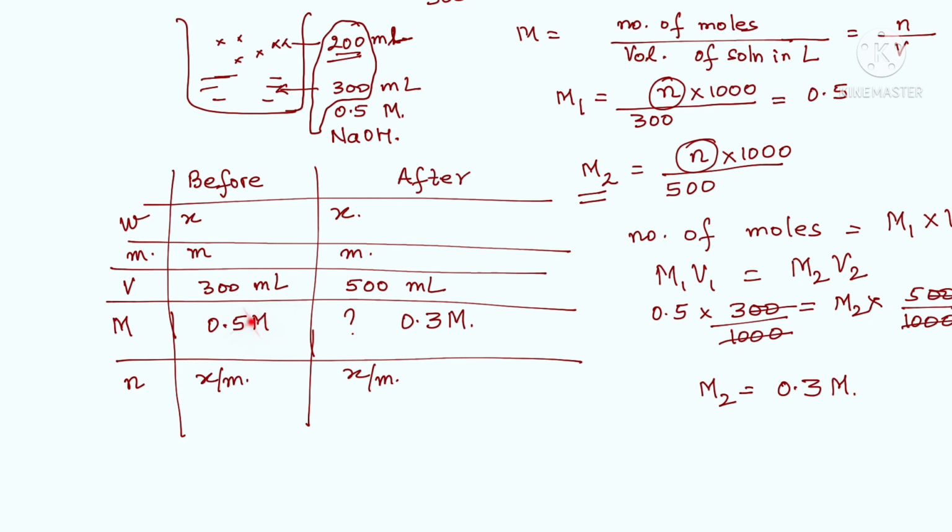So the number of moles of solute present per unit volume is going to decrease. The total number of moles hasn't changed, but the number of moles in the given volume has changed.